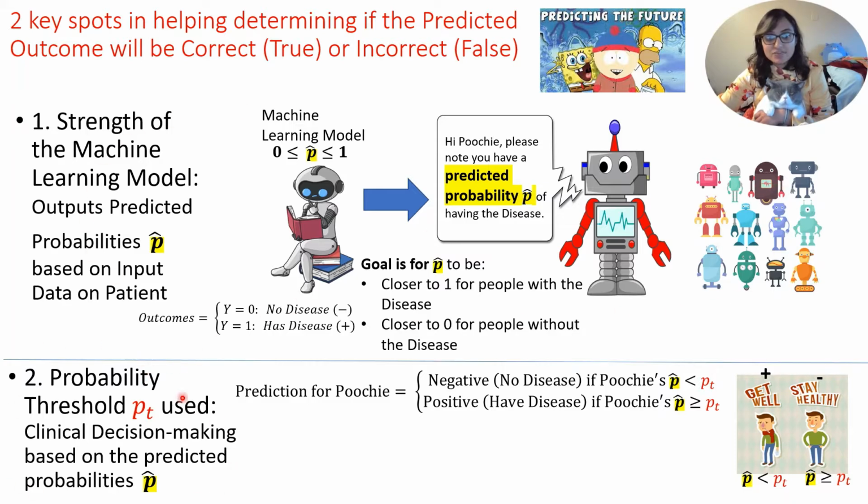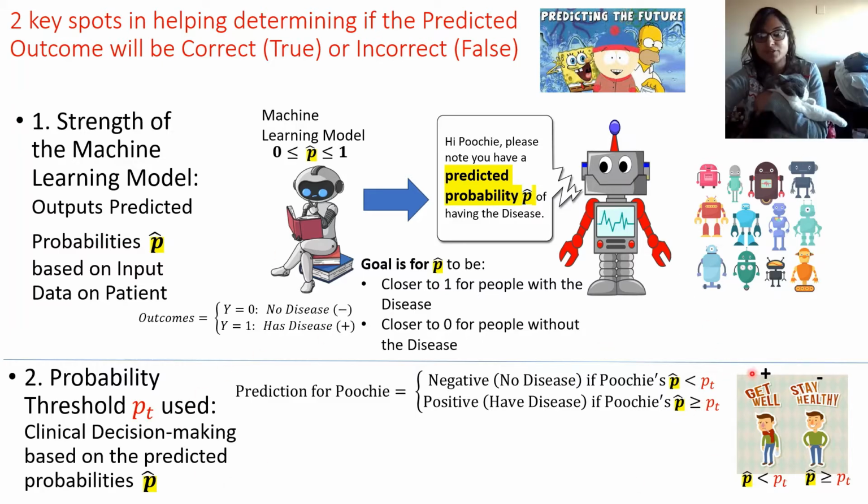The second is the probability thresholds. If you vary the probability threshold, then for any predicted probability, what you end up predicting for a patient can change. You can predict negative, no disease, if patient Pucci's predicted probability is less than the threshold, and positive, having the disease, if it is greater than or equal to the threshold.